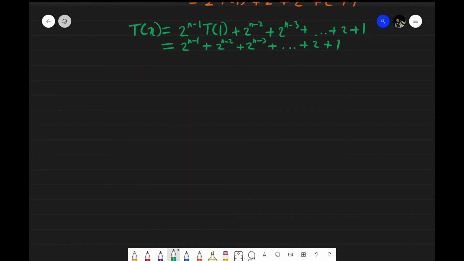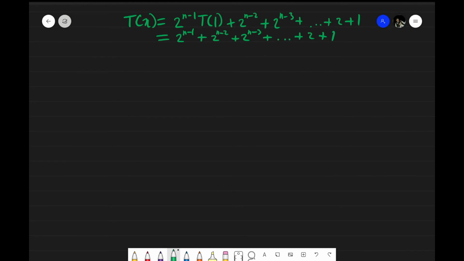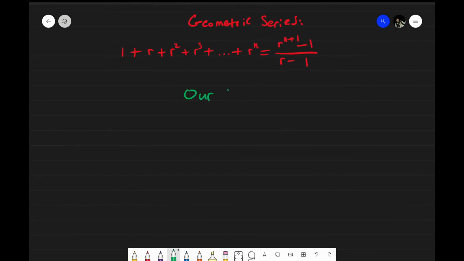And hey, we lucked out, because this isn't just any pattern, it's a geometric series. I say we lucked out because the solution to the geometric series is already known, so our problem just became trivially easy. The solution looks like this. Now notice that if we flip it around, our series looks almost exactly the same.